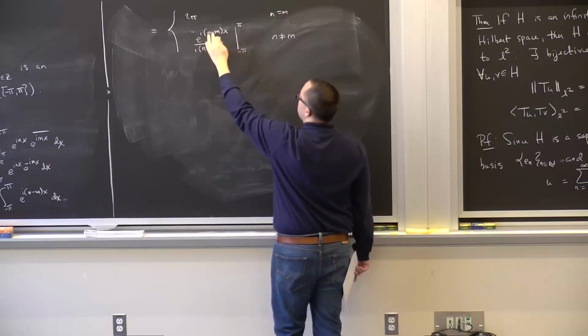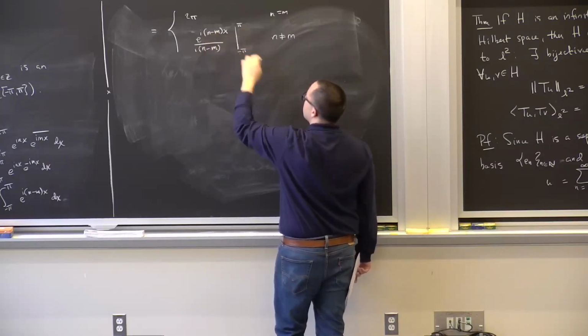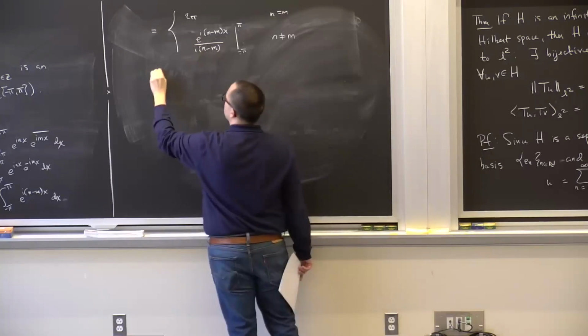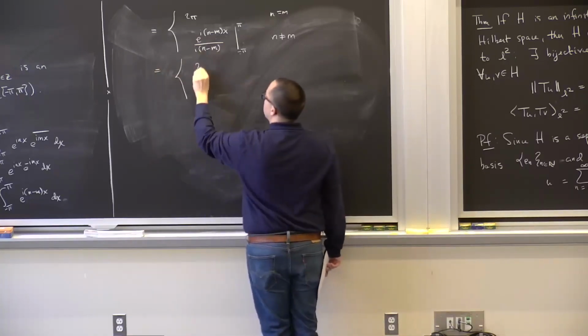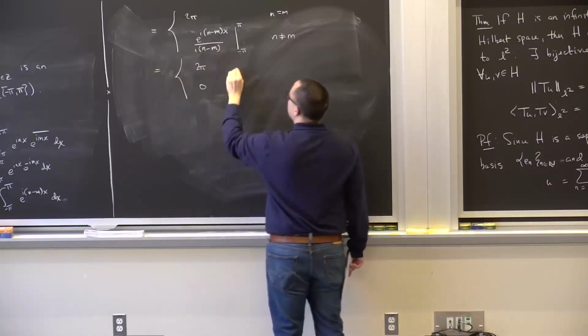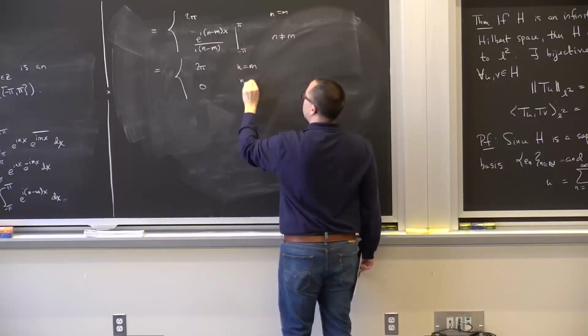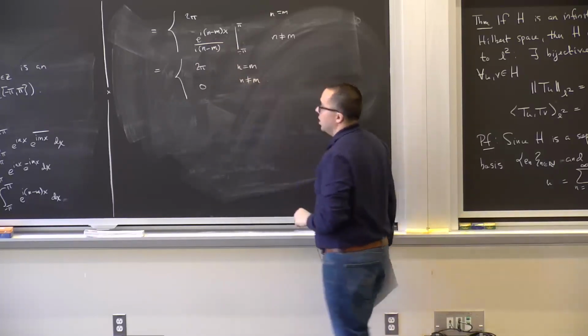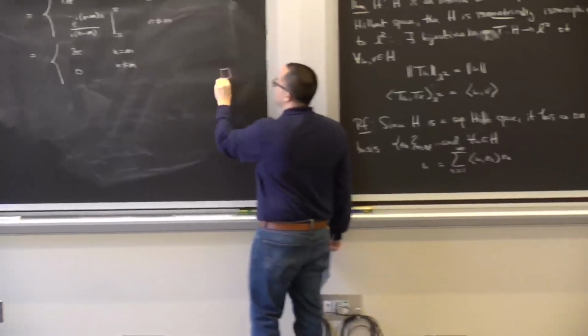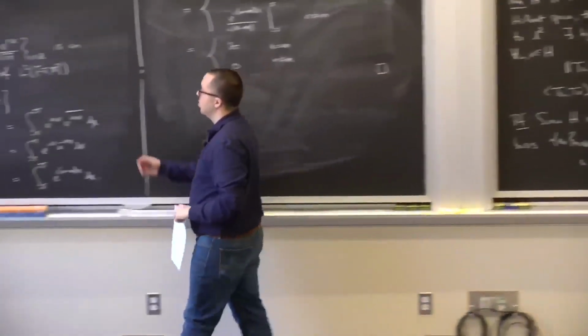This is 2 pi periodic, and I'm sticking in two numbers separated by 2 pi. So this will be 0 when n does not equal m. Okay, and therefore that proves the claim that this is an orthonormal subset.